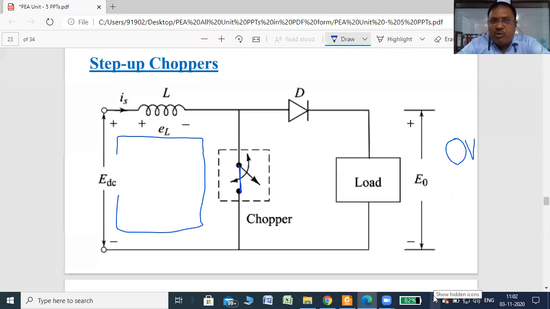That time the output voltage is equal to 0, right? When the switch is on, current flows through this L, the chopper, back to the EDC. So output voltage is equal to 0. Yes.